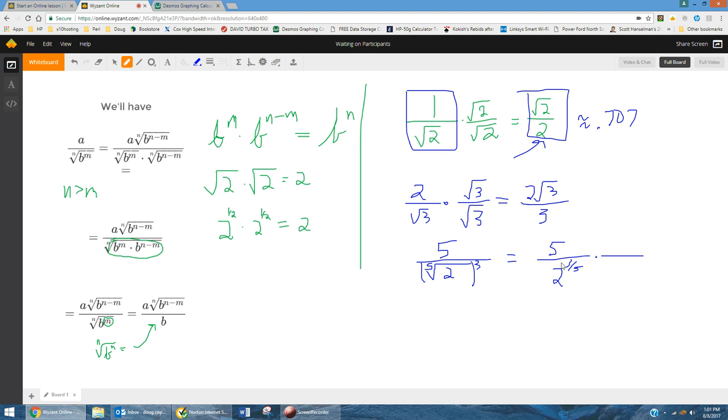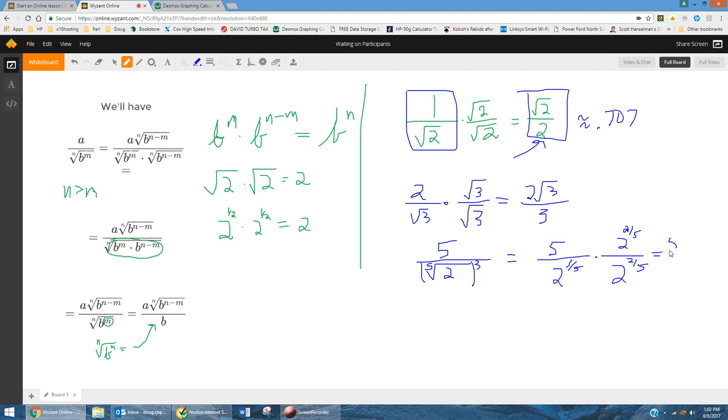Now what do I have to multiply this fraction by so that, when I add the exponents, I end up with 2 to the first? Well, I just subtract 3/5 from 1 and I get 2/5. So I multiply by 2 to the 2/5, or the 5th root of 2 squared.